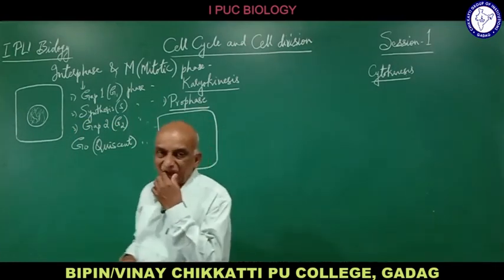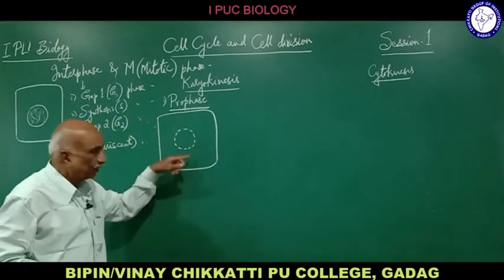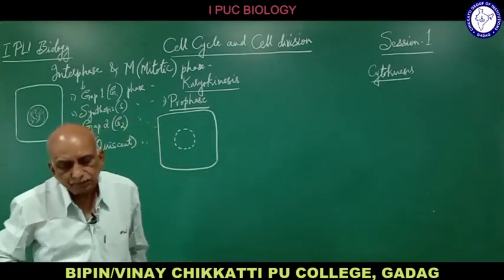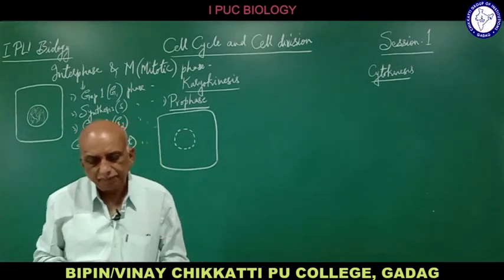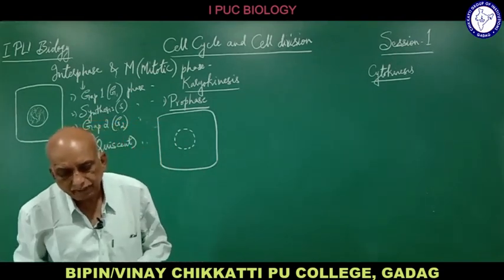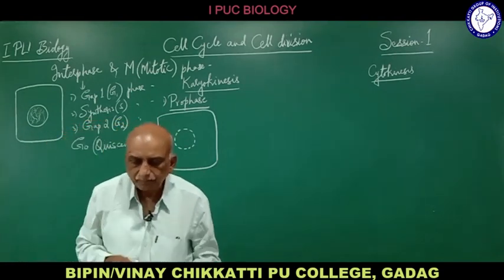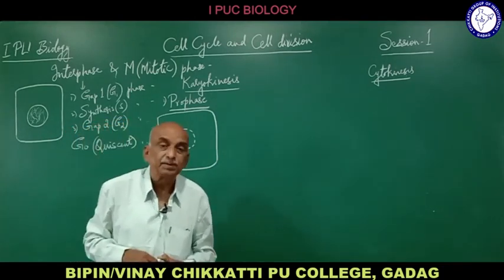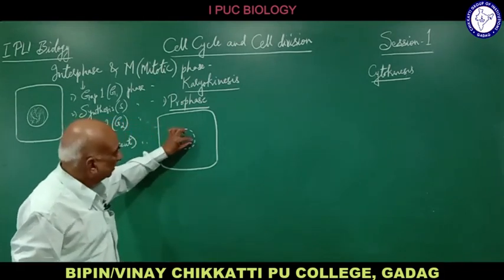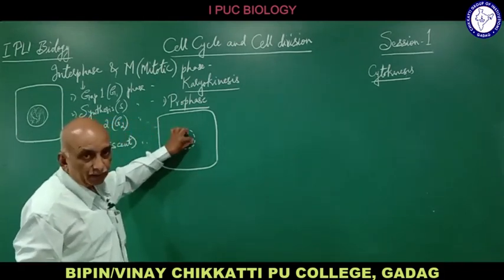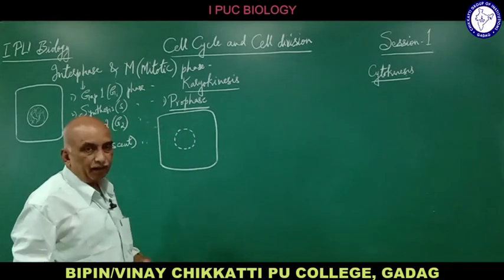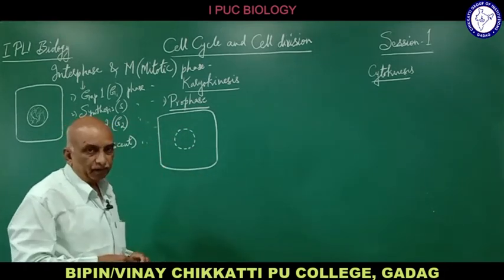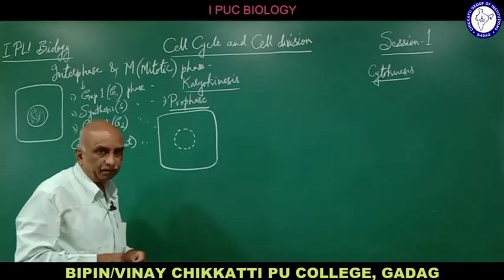We have already studied the nucleus and its nuclear envelope. So the nuclear membrane breaks down into small membranous vesicles. These are membranous parts of the nuclear membrane which break down and remain in the cell. This is one important part.